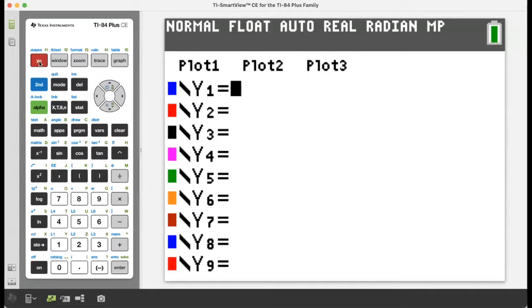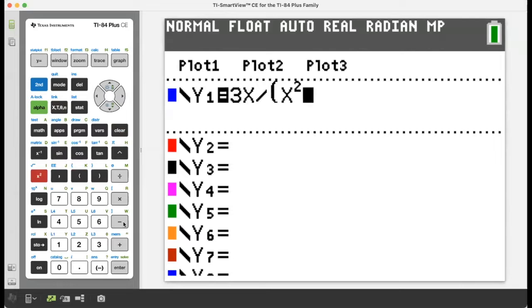So remember that my function was, the numerator had 3x, and it is divided by, and notice that I'm opening up a parentheses, and I'm going to write the expanded or the standard form of the quadratic, which was x squared minus x minus 6. Close your parentheses. So that is our function. And I will hit enter.